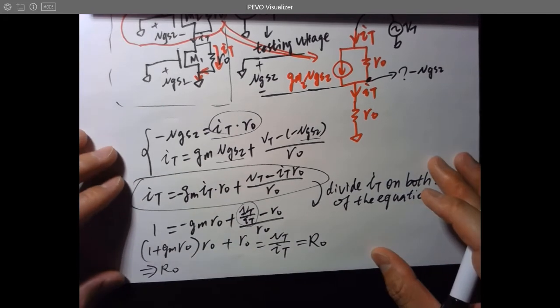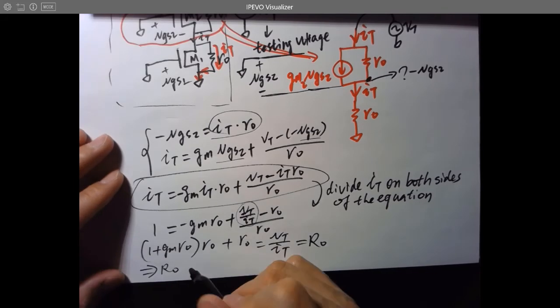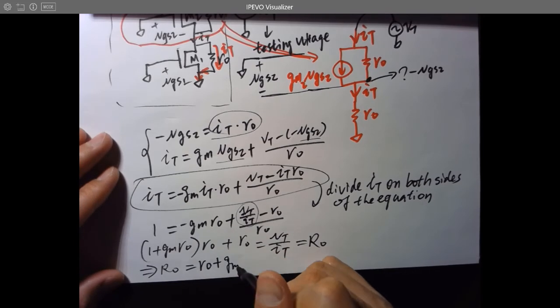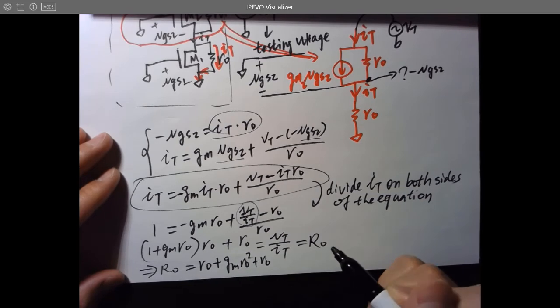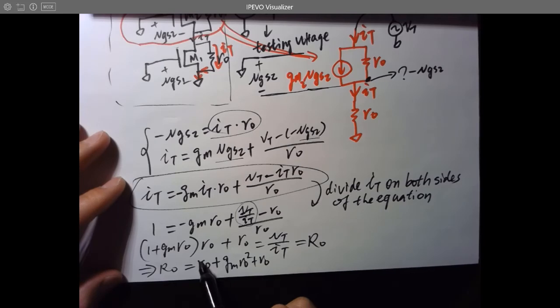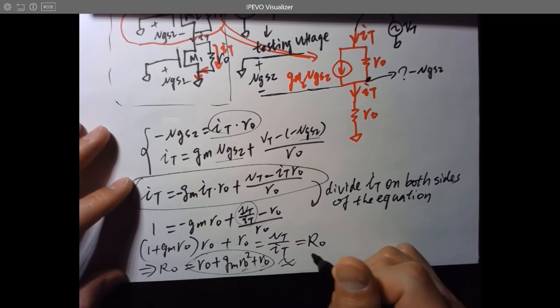So RO equals what? So it's going to be RO plus GM RO squared plus RO. So the thing here is RO is pretty tiny compared to GM RO squared. So this overall thing over here is pretty close to GM RO squared.